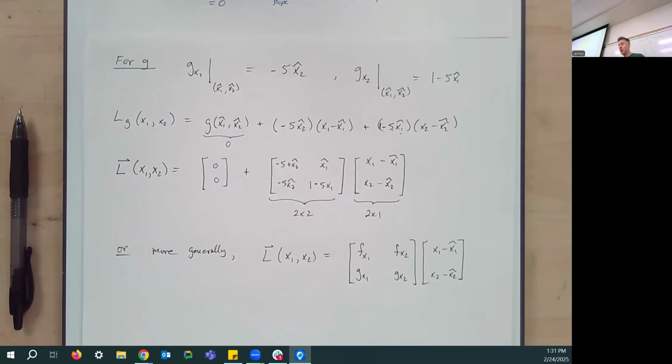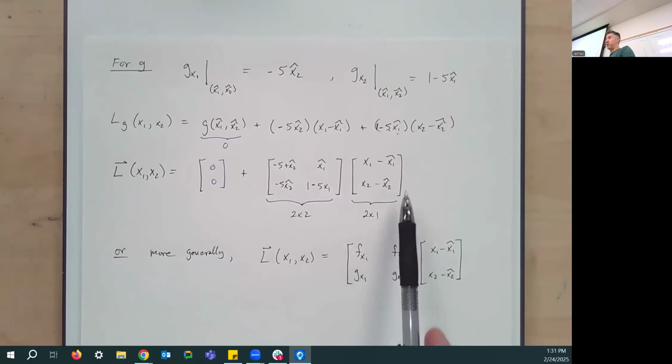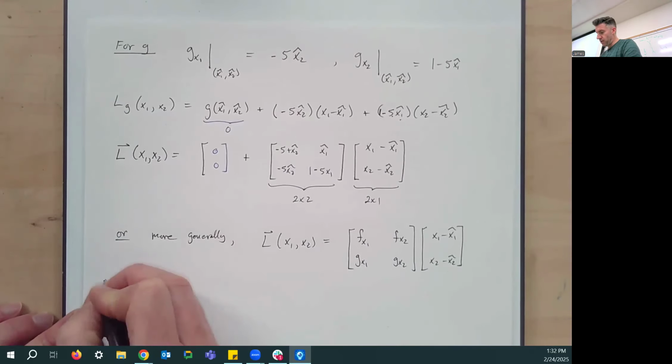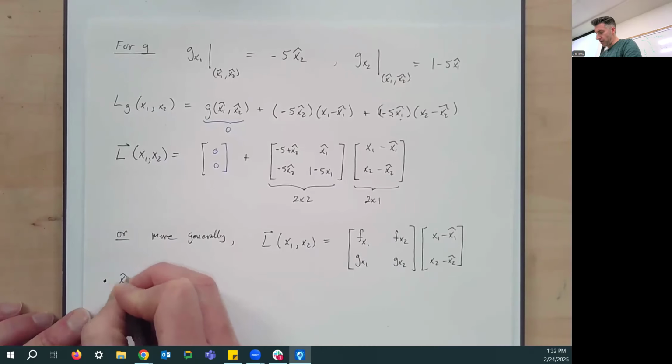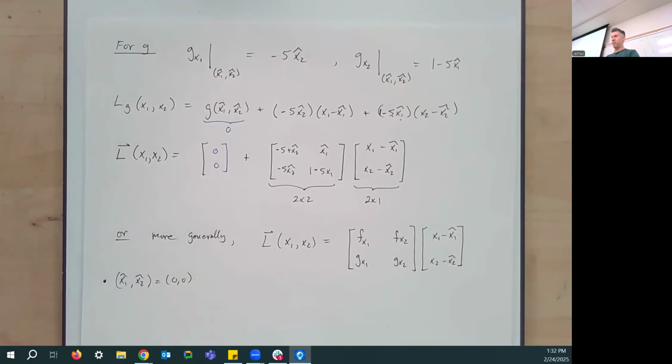Okay. So let's go ahead and write down the linearizations for each of our equilibria. To do that, I'm going to look back at this part right here. I think we can fit in 0, 0 right now. So for x1 hat, x2 hat equal to 0, 0. I know he used some epsilon notation, which is pretty typical. I wouldn't stress too much about that.